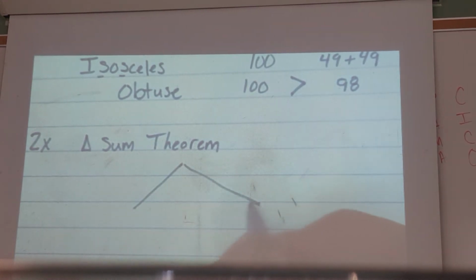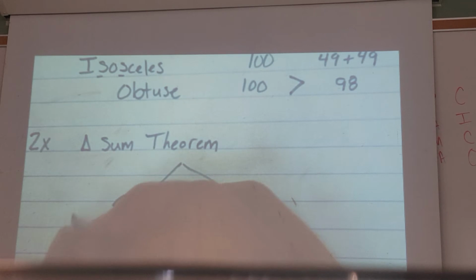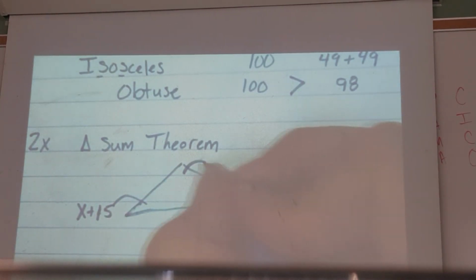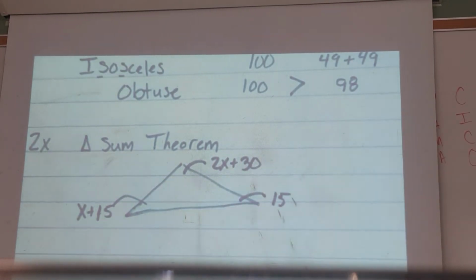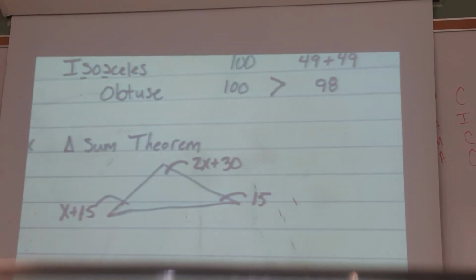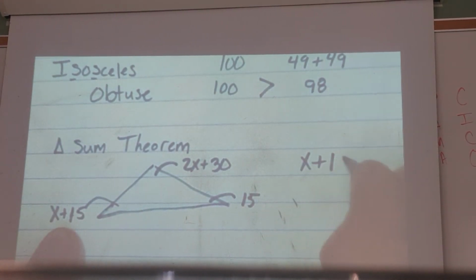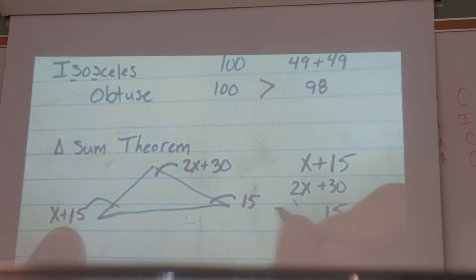So if they give you a triangle and tell you that this angle here is x plus 15, this angle up here is 2x plus 30, and this angle here is just 15 degrees, we can use all that information to solve for x, because we're going to take all three of those things and add them together. I'll put them in a nice vertical line, x plus 15, 2x plus 30, and the 15, and we're just going to add straight down.